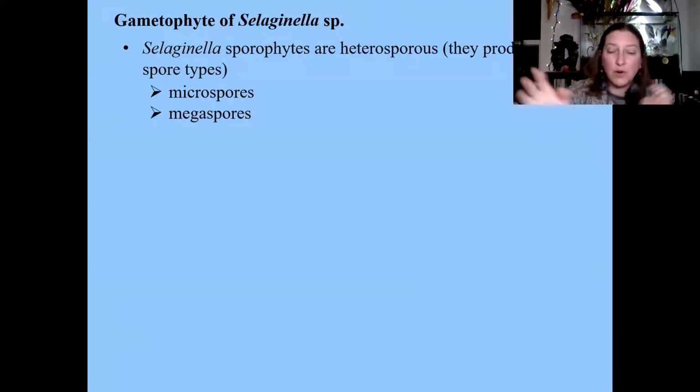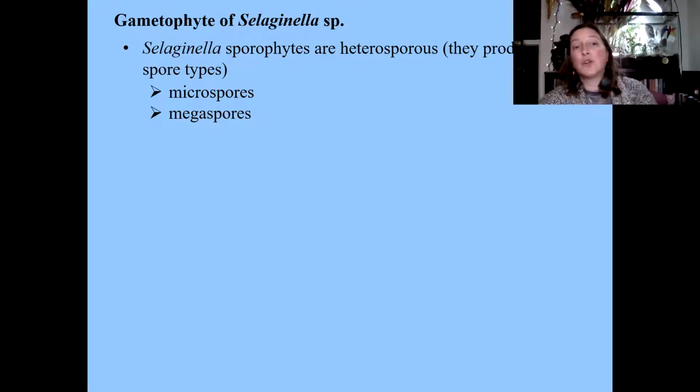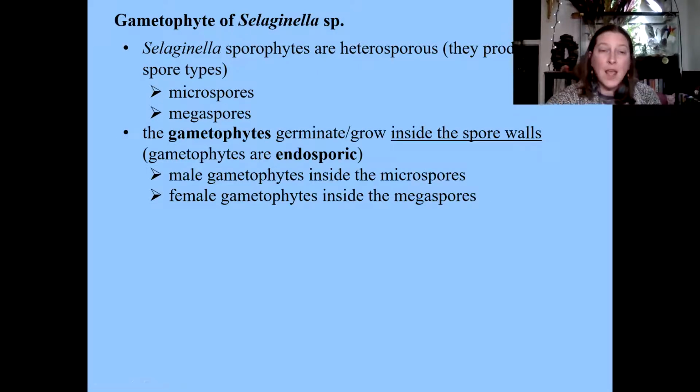So you might remember earlier when I was introducing microphyll, I said that for the purposes of microphyll, micro means small and phyll means leaf. So small leaf with one vein. But aside from microphyll, all the rest of the class, when we see the term micro, it refers to male. And when we see the term mega, it refers to female.